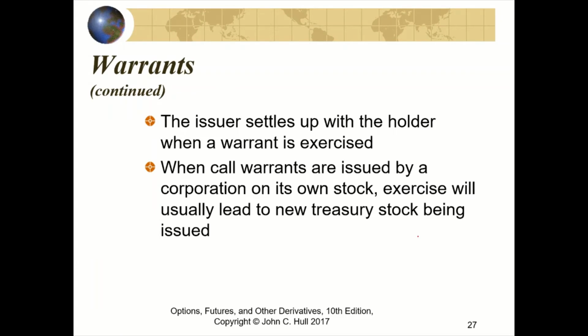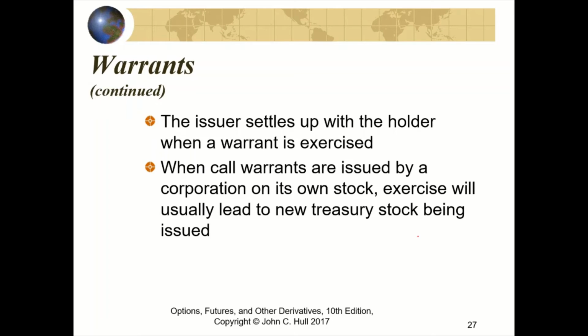Usually, warrants are used as a way to motivate employees or the executive management to put effort into increasing the price of the stock. So the higher the stock price, the more payoff they will get out of exercising the warrants, and this way their incentive is aligned with the incentive of the shareholders.